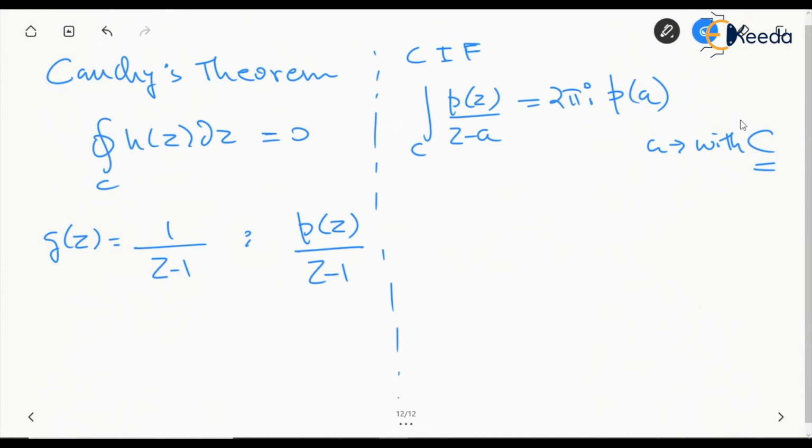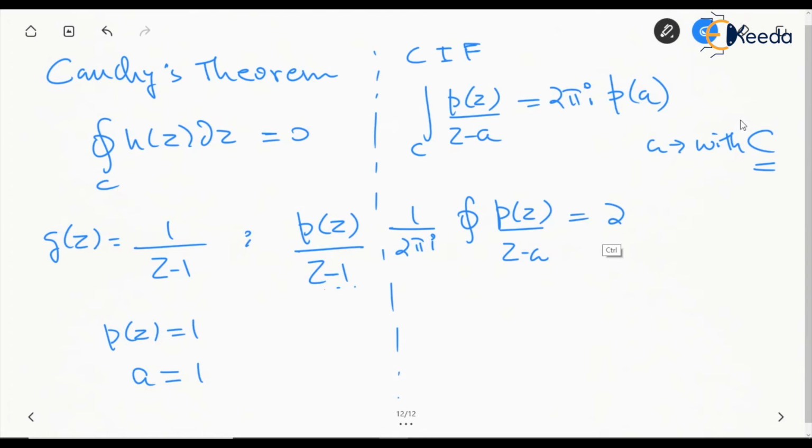So in this case, if we see this p of z, we can compare it to be 1, and a is also 1. This is z minus a, right? So in that case, we want the value of 1 by 2 pi i times the integral of p of z by z minus a, which will simply become p of a.